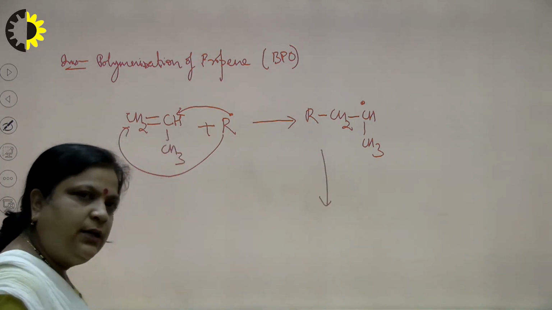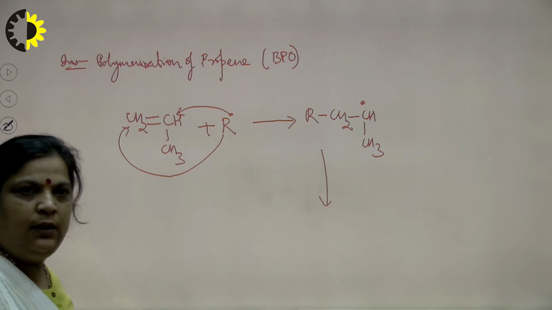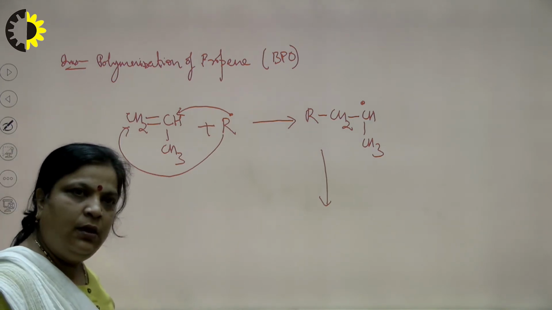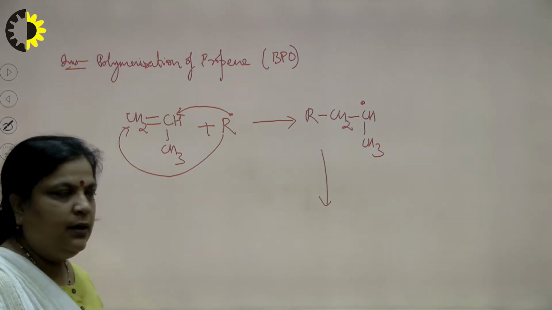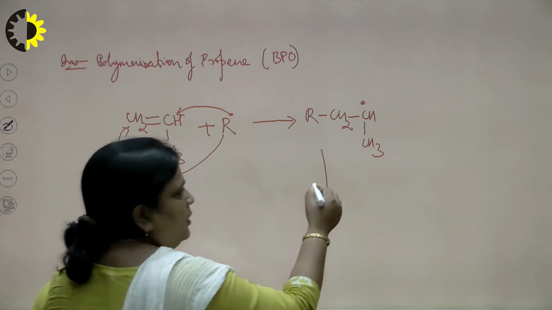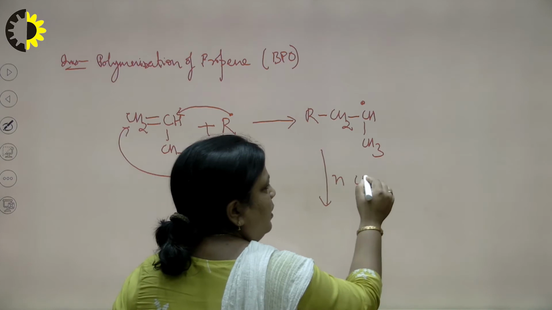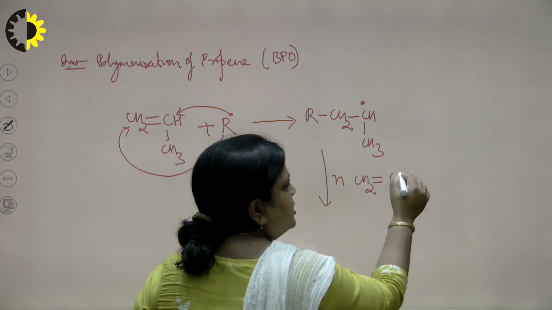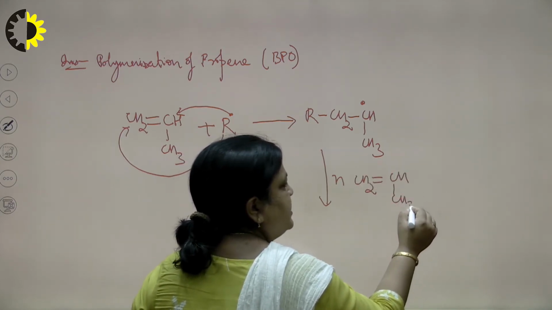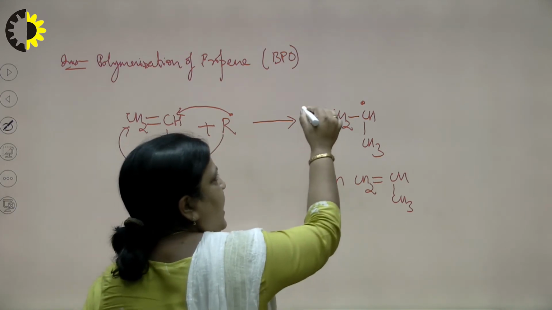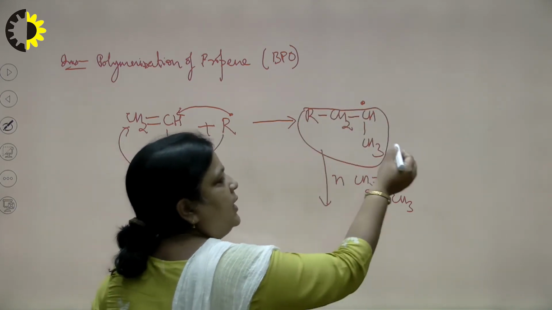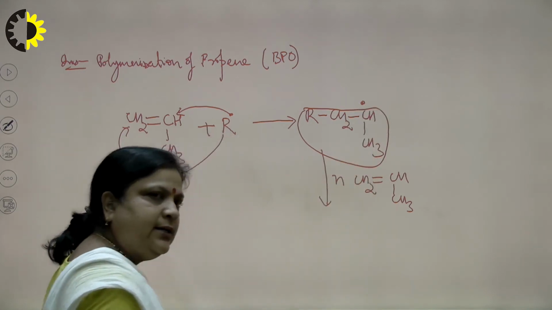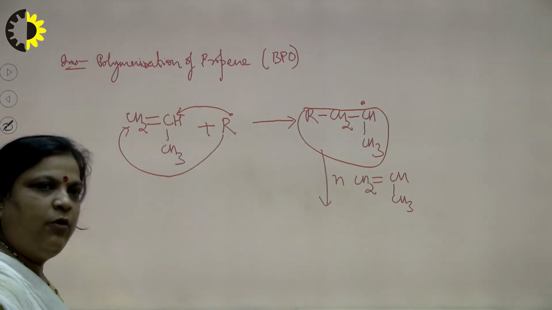In propagation, N molecules add, depending on the requirement or which type of chain we want to get. So N molecules get attached in a similar way, at one side this portion gets attached and on the other side the radical, and the chain gets formed.